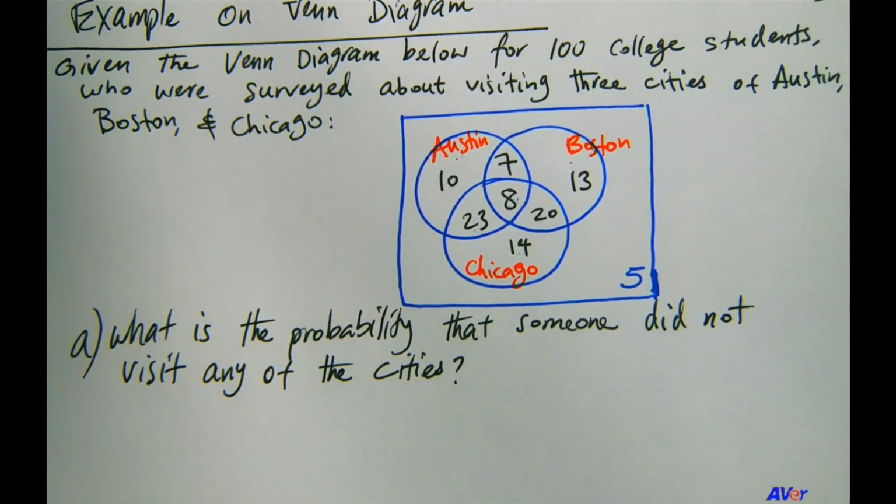So what's the probability that someone did not visit any of the cities?